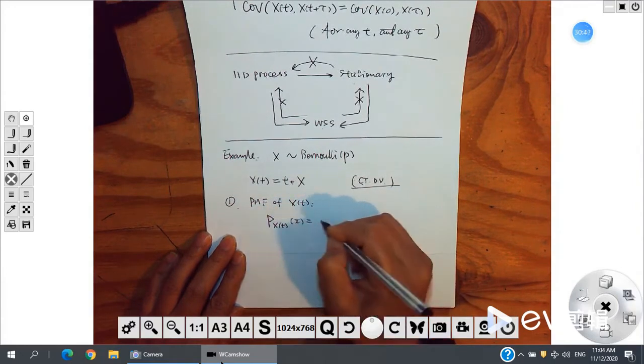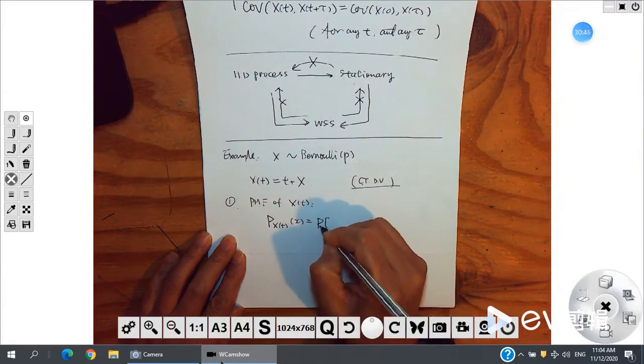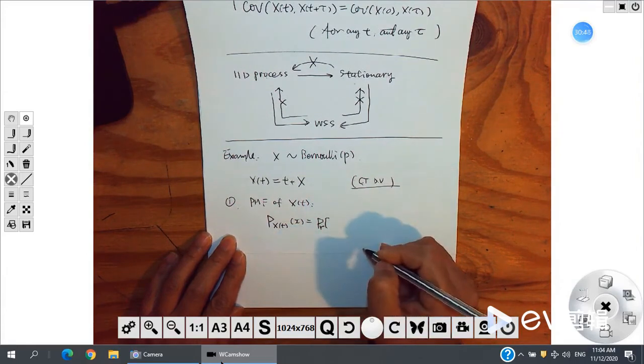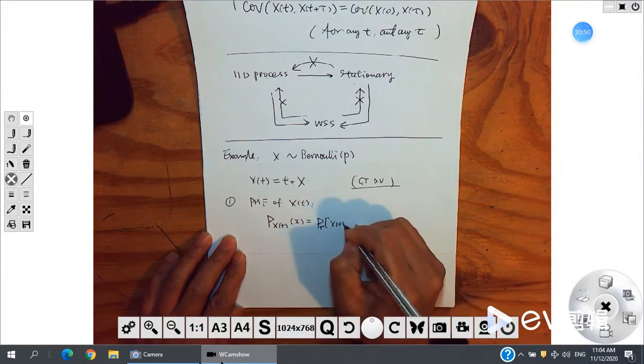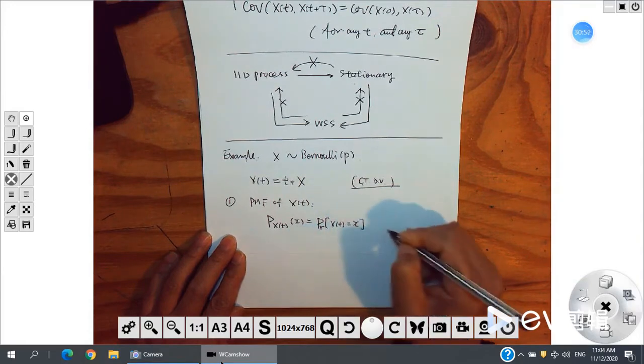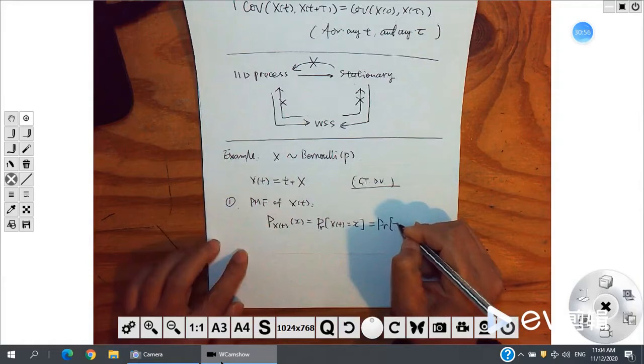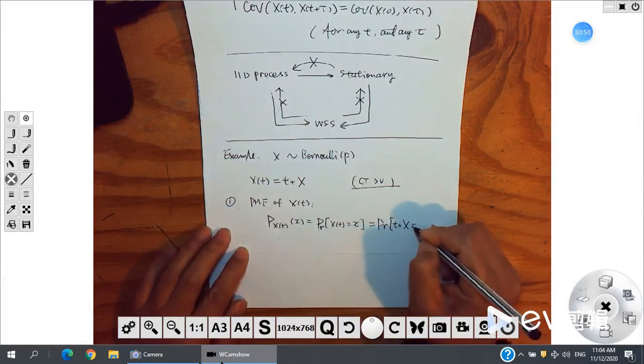This is the probability, I use Pr for the probability, of X_t equal to x. So this is a probability of, what is X_t? It is t plus X. This equal to x.